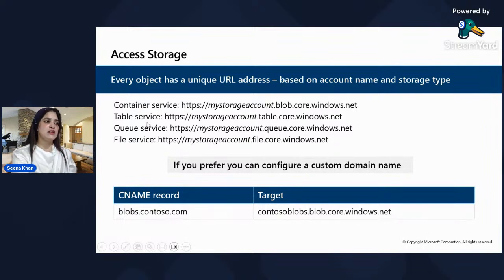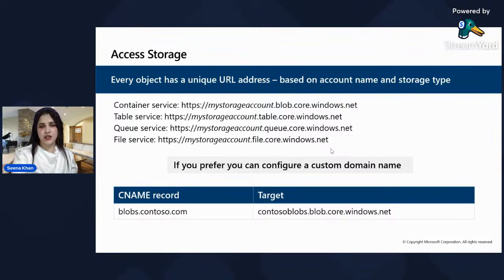Then table service: table.core.windows.net. This particular URL is for the table service of the storage account. Another one is storageaccount.queue.core.windows.net. This URL is for the queue service, and the file service, again, file.core.windows.net.